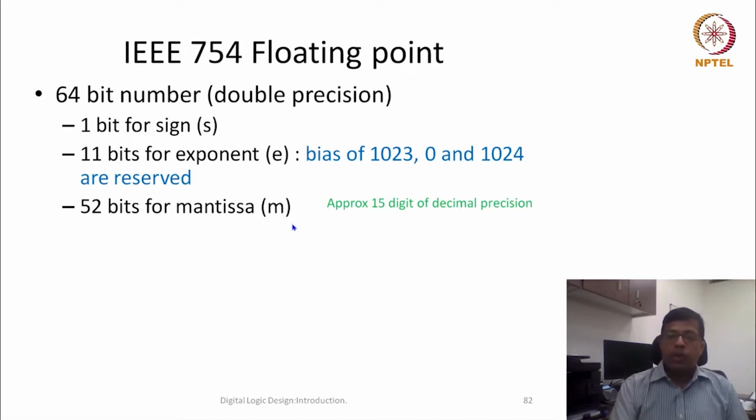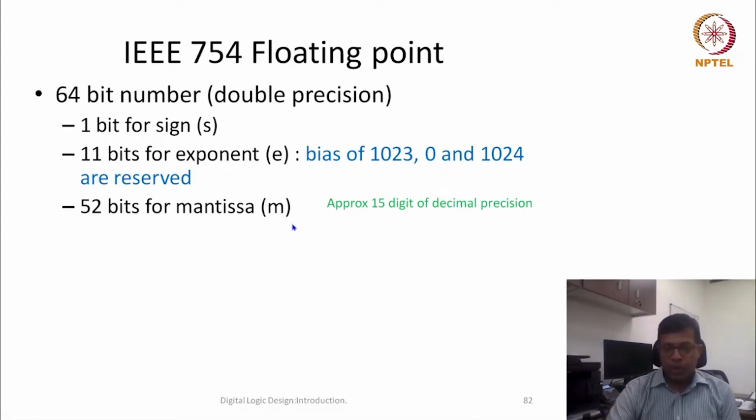I'll tell you it would be more than 10 to the power 100. So 10 to the power 100 is a very large number. It is a number which you can represent using floating point. This double precision floating point number is more than the whole weight of the universe, the largest number we can think of.